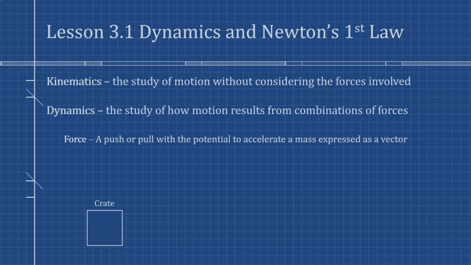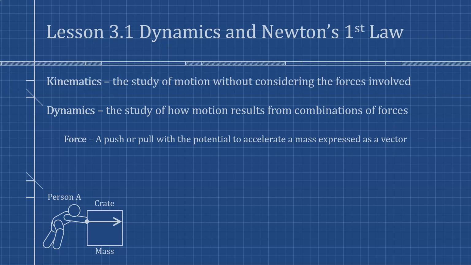Now, if we have a crate, an object, that crate is going to have a certain amount of mass. And that's important to realize too. We're dealing with accelerating objects, and all objects are made up of matter, so these objects that we're accelerating have mass. Forces are always acting on masses. All right, now, here we have a person pushing a crate.